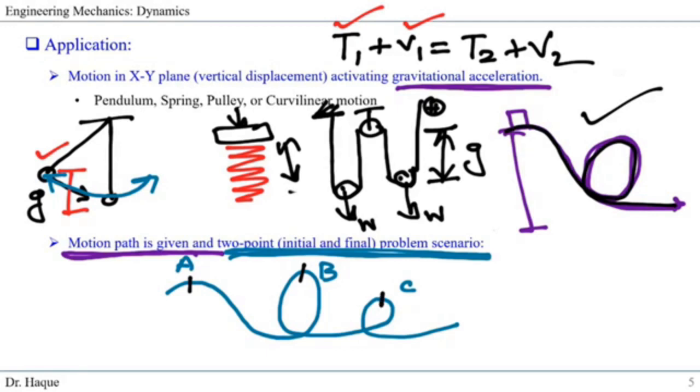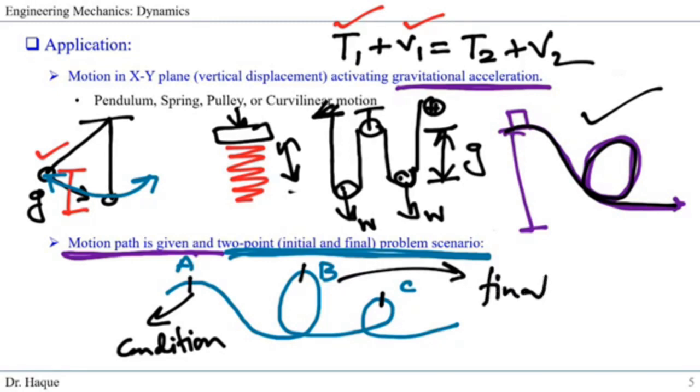An initial point condition is given, and the final point condition is what we are asked for. If you see a two-point scenario, this is also a problem where you can apply conservation of energy.